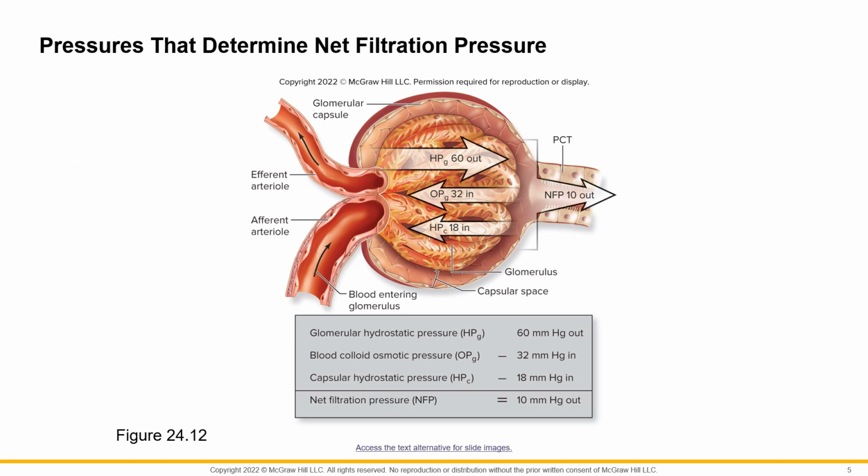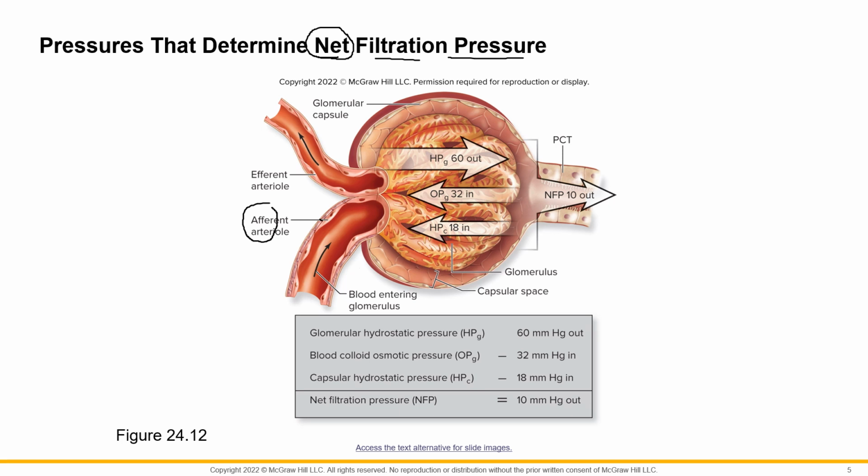Now, one important component to look at normal kidney function is to determine net filtration pressure. So the word net here is key. I'm going to start us off right here at the afferent arteriole.